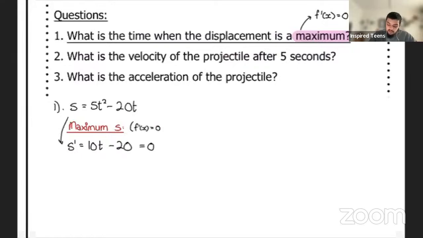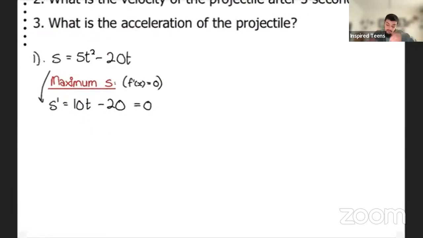That's how we find maximum: derive, equate to 0, and solve for t. So 10t is equal to 20, and t is equal to 2.